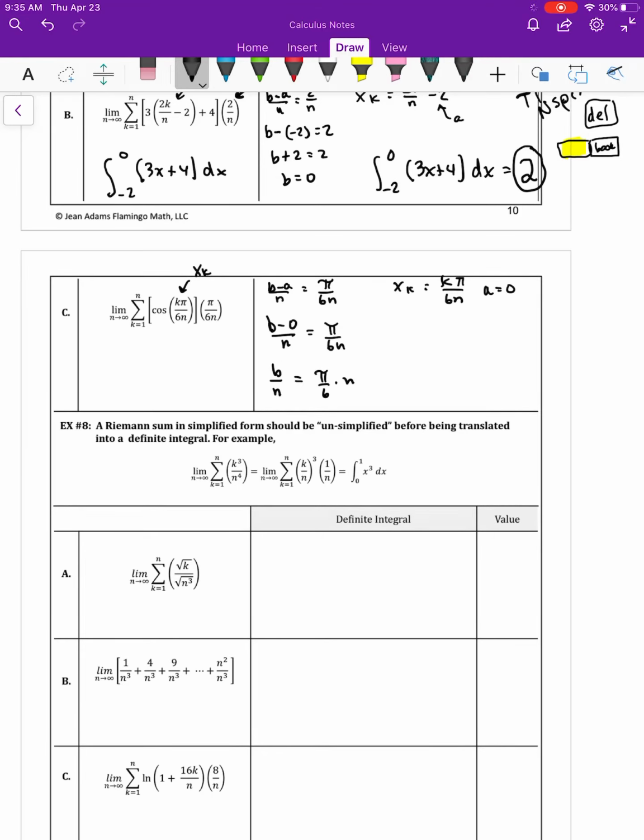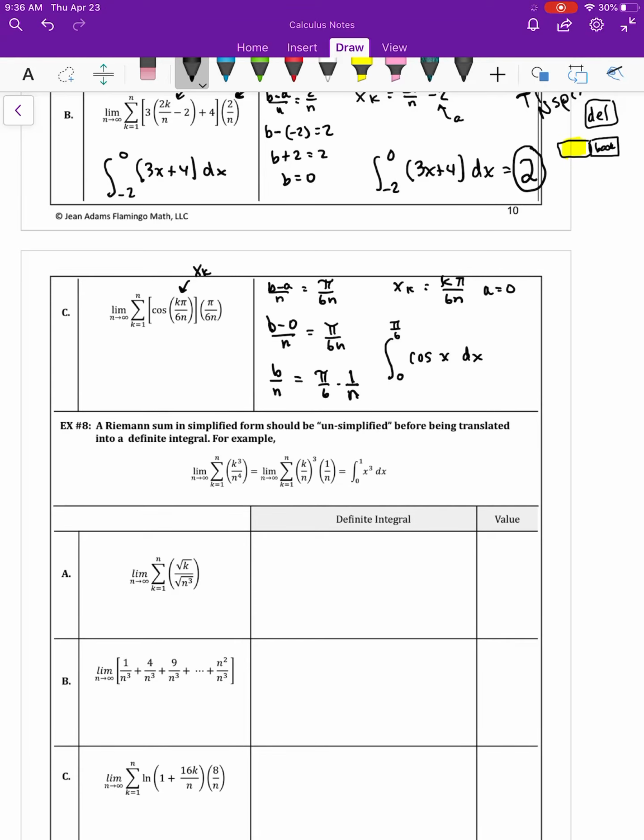Because there's no plus anything or minus anything. So if my a is 0, then my b minus 0 over n is pi over 6n. So this is just b over n. So my b is pi over 6, times 1 over n, sorry. That's what I was trying to do there.